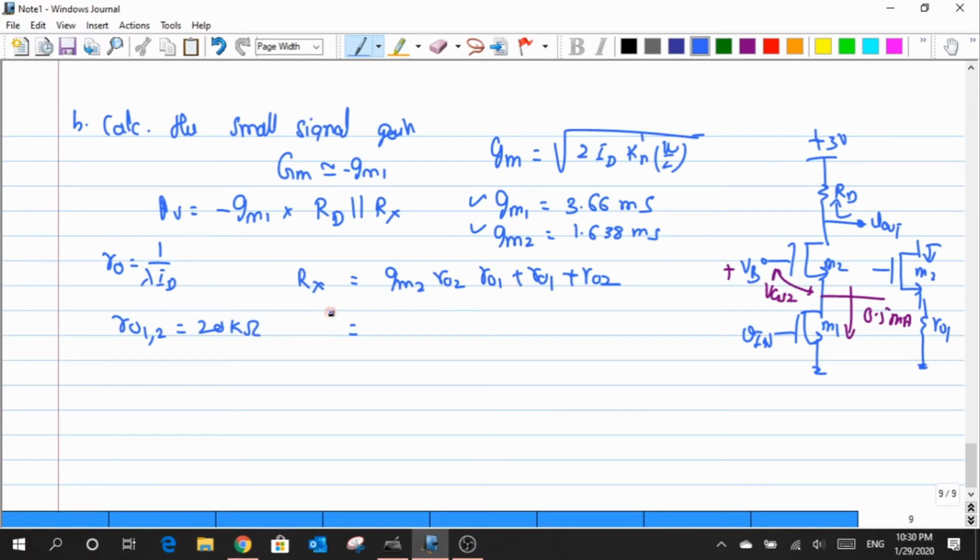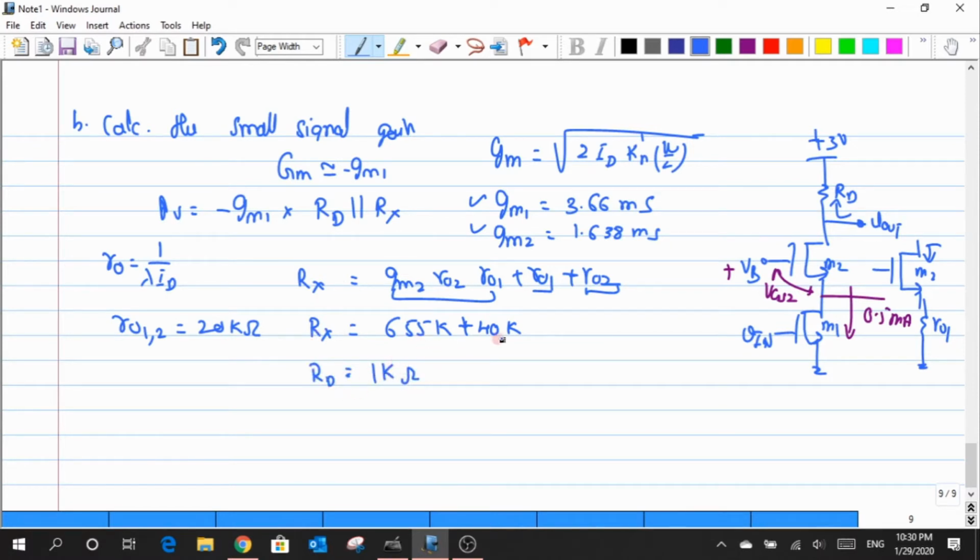Again, I'm not going to perform the entire computation. The only thing I do is compute the value of Rx separately and then substitute it back. The value I would get is around 655k for this one, 20k for this one individually and 20k for this one individually, so they add up to 40k. This is the total summation that I have, and the value of RD is given as 1k in the problem.